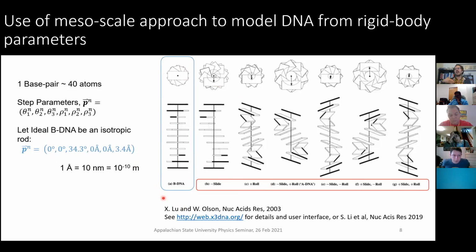And if I wanted to, say, make a one parametric change, like if I wanted to decrease our slide parameter, well, I would still get a 3-dimensional configuration. If I wanted to increase roll, which is the way in which one base pair opens or closes to the grooves of the DNA, I would get a different type of configuration. So we get a lot of wonderful information by just having representative parameter values.